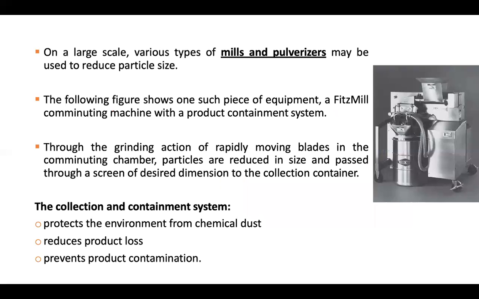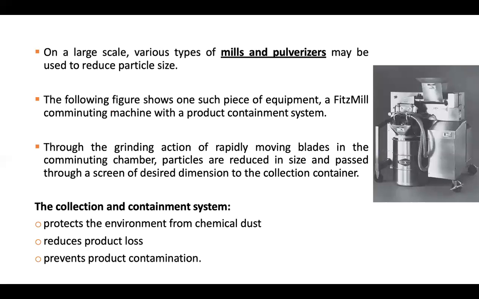Now for the large scale you need mills and pulverizers. Trituration can't be done in industry simply with a mortar and pestle. Mills and pulverizers may be used to reduce particle size. The following figure shows one such piece of equipment.